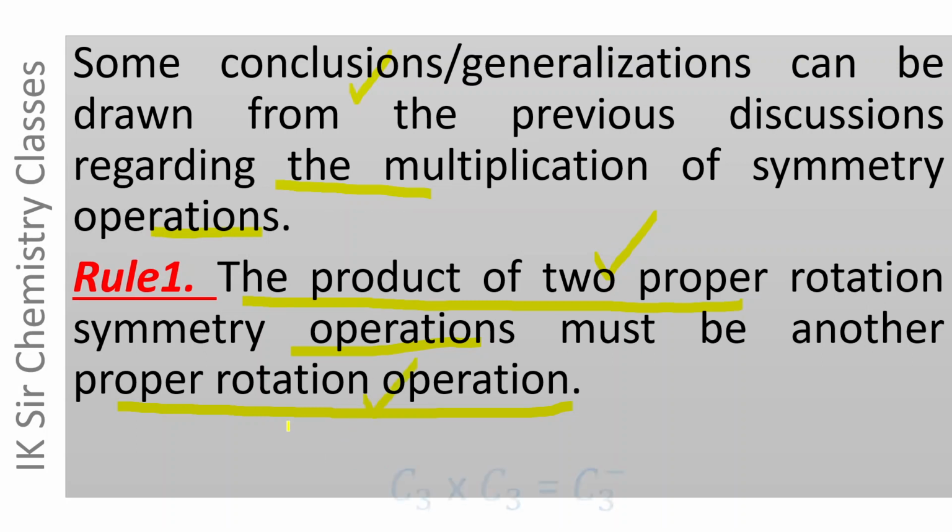An example is given here: C3 multiplied by C3 is equal to C3², that is C3 inverse. These two are proper rotation symmetry operations and their product is another proper rotation symmetry operation.